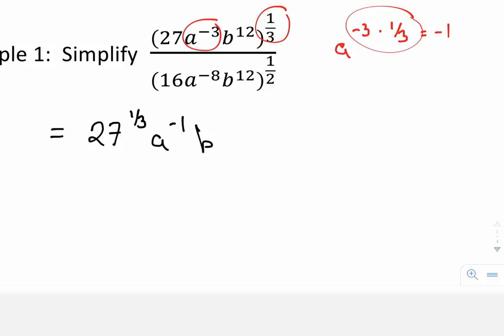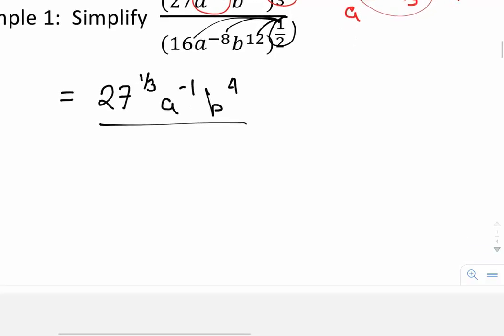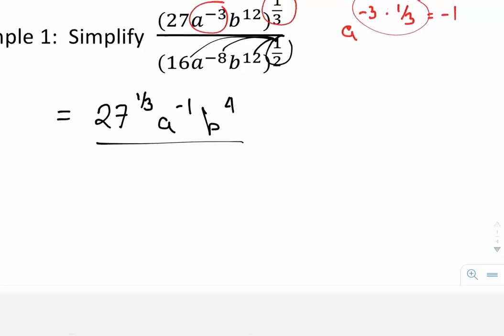Finally, for b, same type of logic. b to the exponent 12 divided by 3 is going to give me b to the exponent 4. Same thing for my denominator. I'm taking now the 1/2 as my exponent and applying it to each of my factors in the denominator. So remember, 1/2 as a radical is the same thing as taking the square root. So I'm taking the square root of 16.